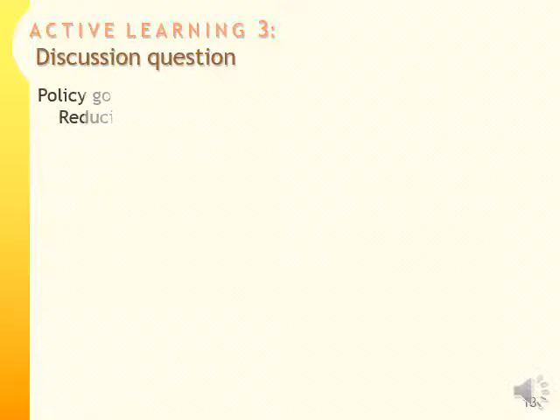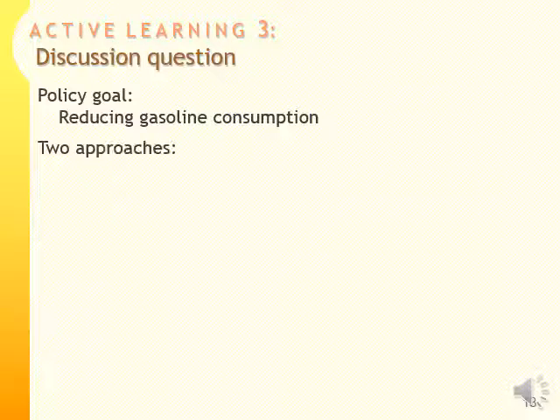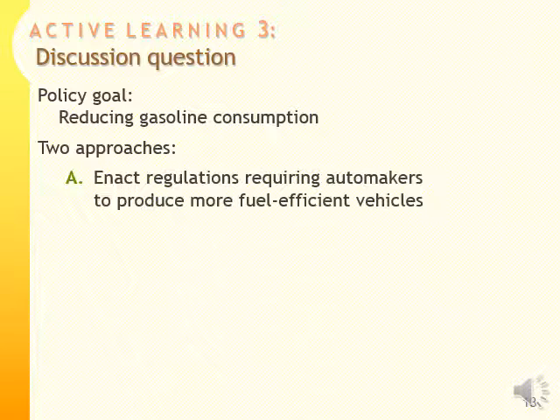So let's talk a little bit more about the policy goal. We want to reduce gasoline consumption. How do we do that? Well, there are two approaches again. We can enact regulations requiring car manufacturers to produce cars which are very fuel efficient. That actually happens to a degree.